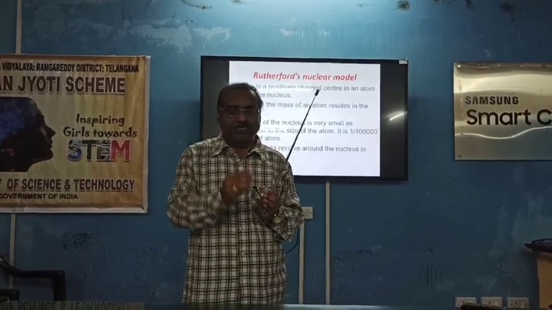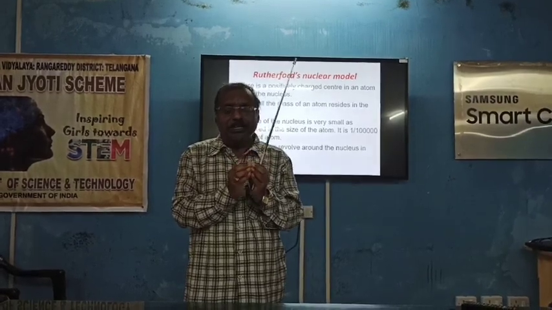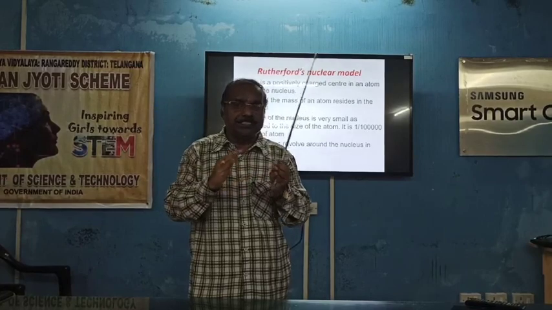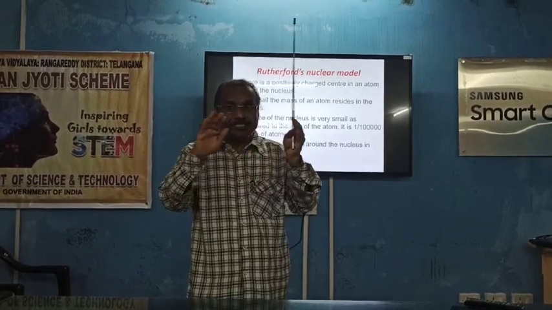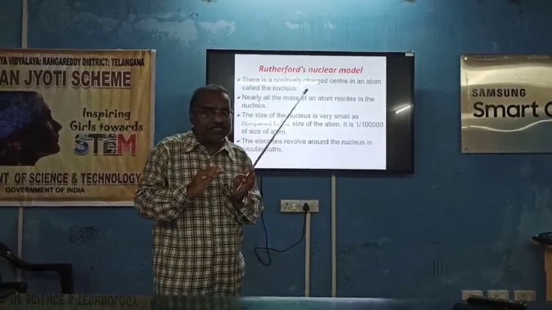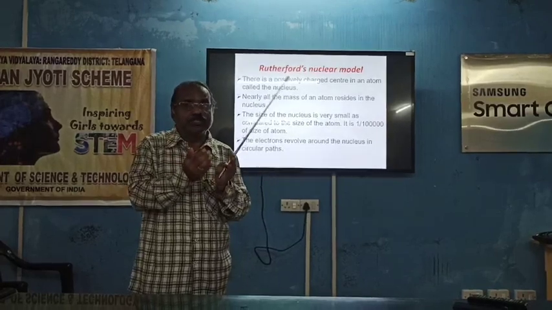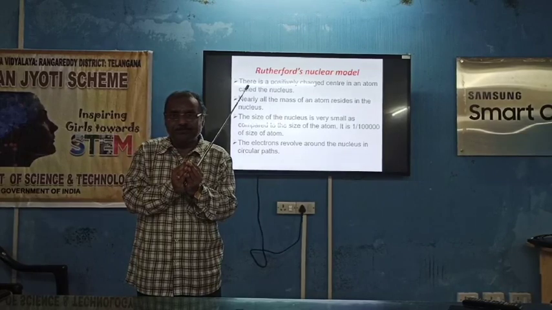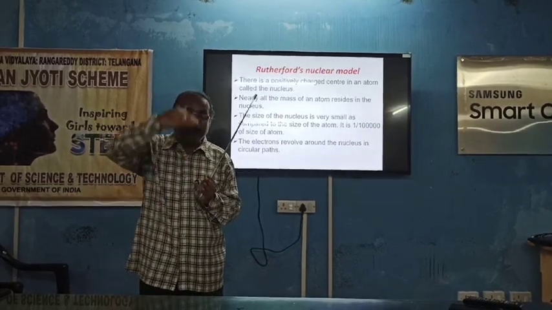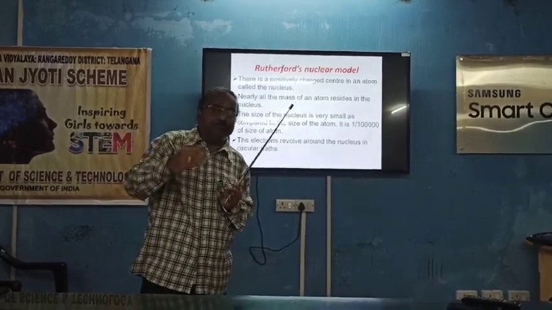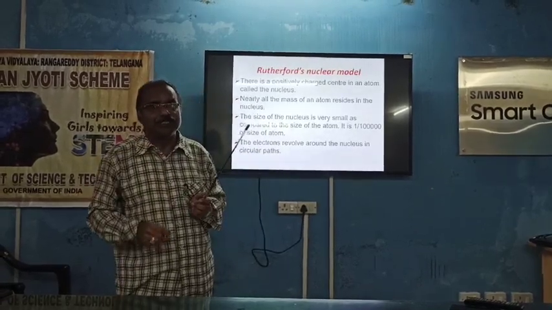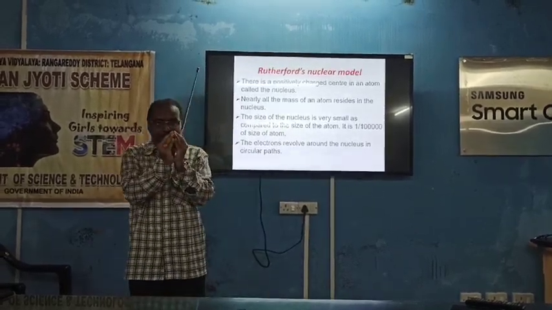Suppose it is 1 meter, then imagine a 10 power 5 meter radius circle, and how much distance you would get. That much is the size of the atom. So the atom size is 10 power 5 times the size of the nucleus. The nucleus alone has positive charge and mass, and the remaining place is totally empty. He proposed that electrons are present in that empty place. So the nucleus is small.